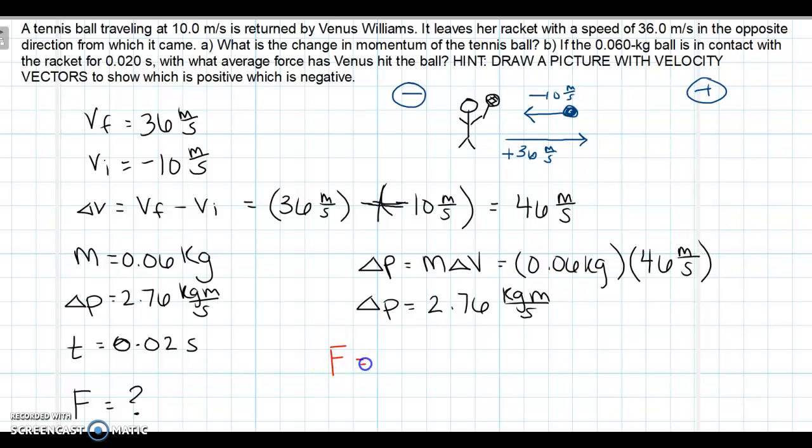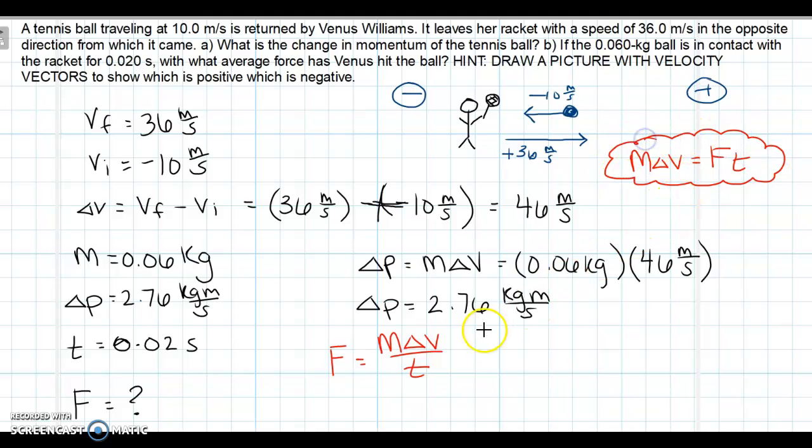That force is equal to mass times your change in velocity all over time. How I got that was just using the equation that we've been using this whole time, that our mass times our change in velocity is equal to our force times time. That is that golden equation that says the change in momentum is equal to impulse, but written out with all of the variables so that we can use it to solve for force.